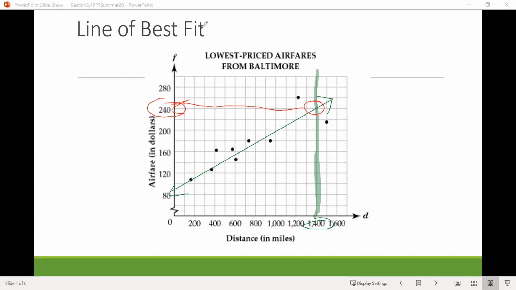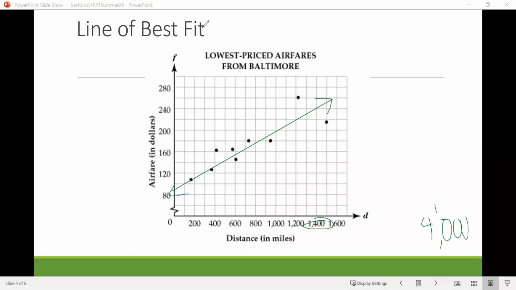Another thing about the line of best fit: if you're making predictions like this, you want to stay within the confines of the data you're given. Say we want to predict the price of a flight of 4,000 miles.